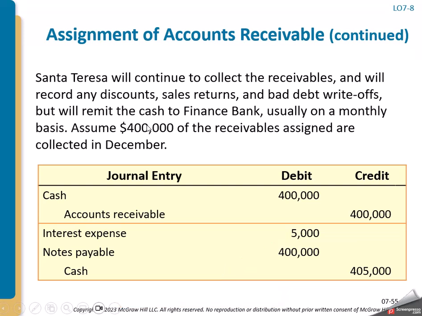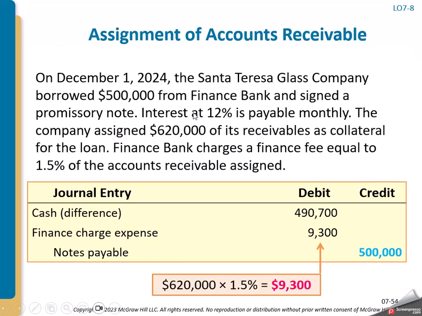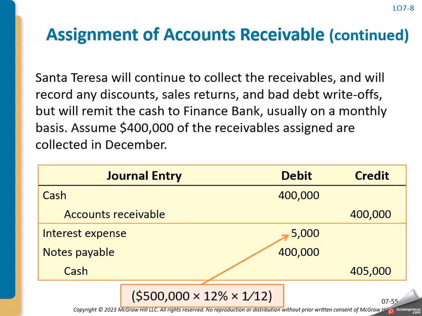So this one's a $500,000 loan at 12% interest. Oh, I see, the interest expense is only for 1 month, so that is why it is the $5,000, but it's still at that 12% for the $500,000.